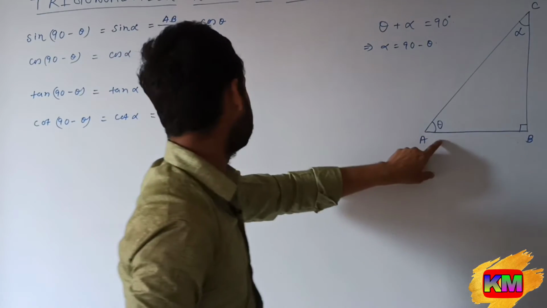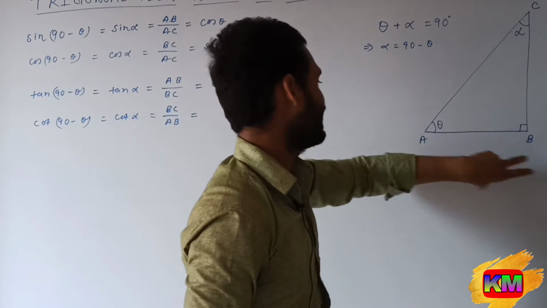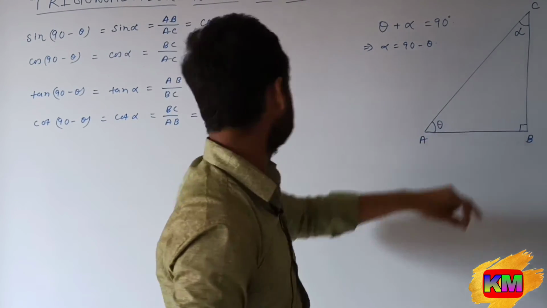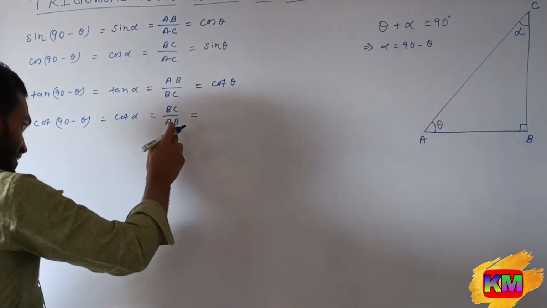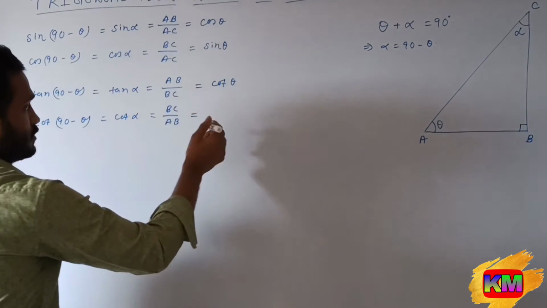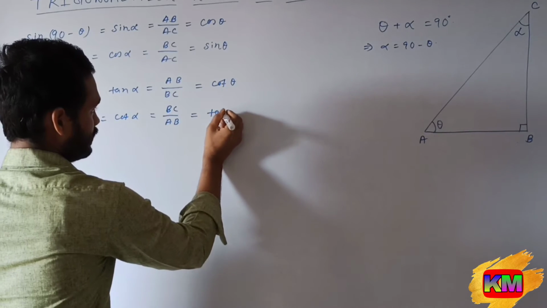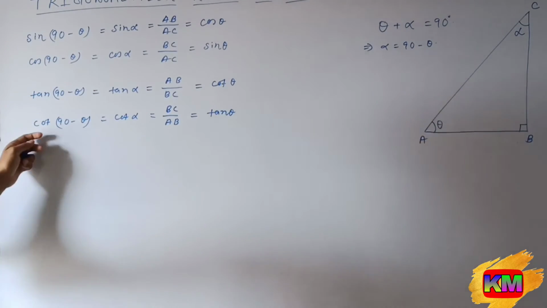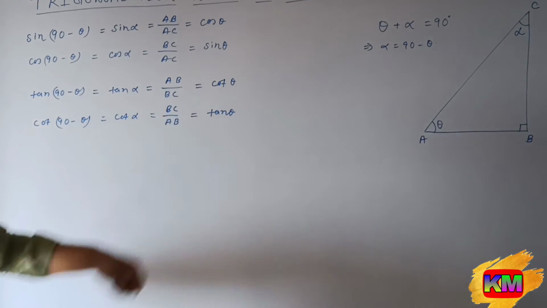Now for the angle theta, BC is perpendicular and AB is base. So it is perpendicular divided by base, which is tan theta. So cot 90 minus theta equals tan theta.